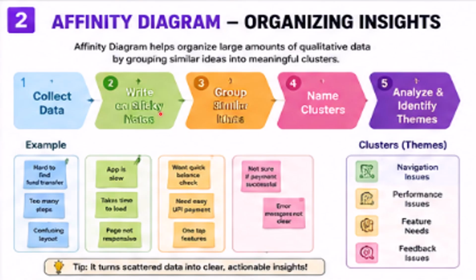Next, each observation is written on individual sticky notes, and then similar ideas are grouped together to form clusters. Each cluster is given a meaningful name, and finally researchers analyze these clusters to identify common themes. This method helps transform scattered information into actionable insights. Clusters means nothing but themes.